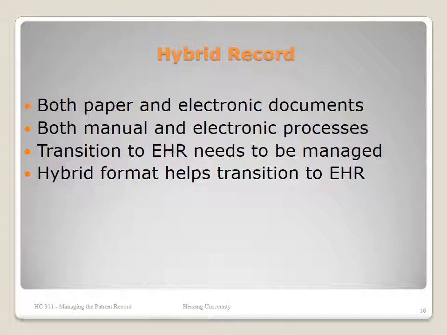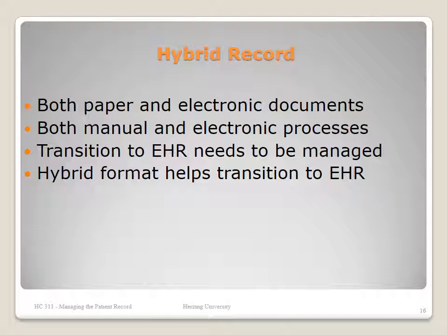The hybrid record is a combination of both paper and electronic, as discussed earlier in the presentation. This means that both manual and electronic functions occur with this format. While the hybrid record makes it easier to transition to an electronic record, there are still some processes that need to be managed properly in order to get through the transition.